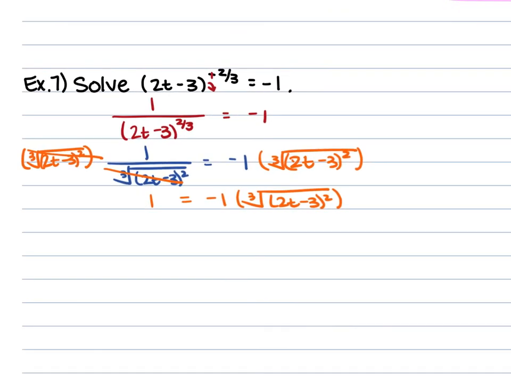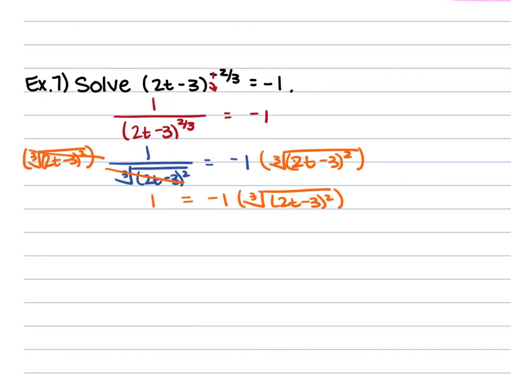We don't want that -1 being multiplied by that radical, so we're going to divide each side by the -1. 1 divided by -1 is -1, so we have -1 is equal to the cube root of (2t - 3) squared.